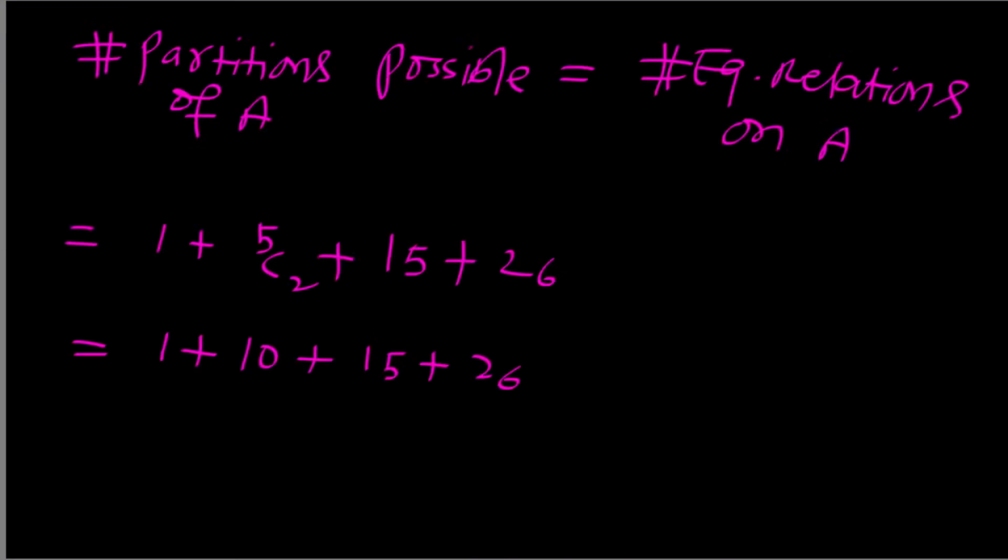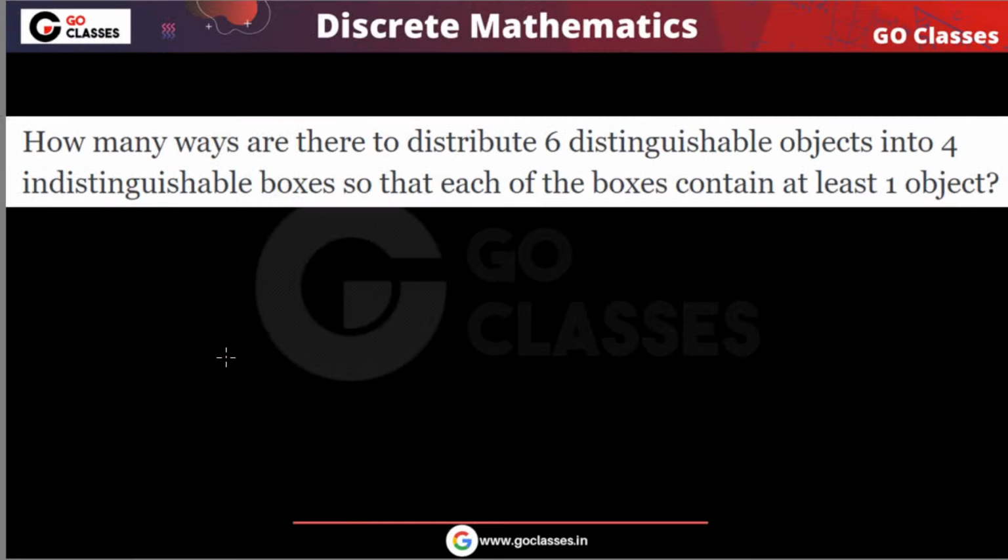Now let's see what is the answer for this question. Can anyone tell me? Six distinguishable objects into four indistinguishable boxes, so that each box contains at least one object. Can anyone tell me what is the answer?